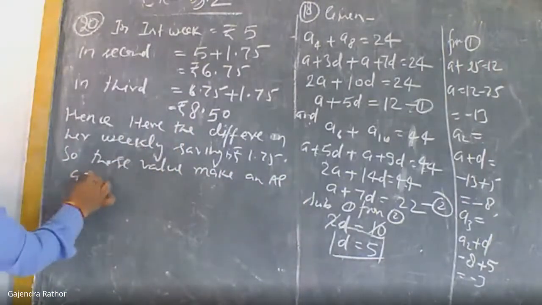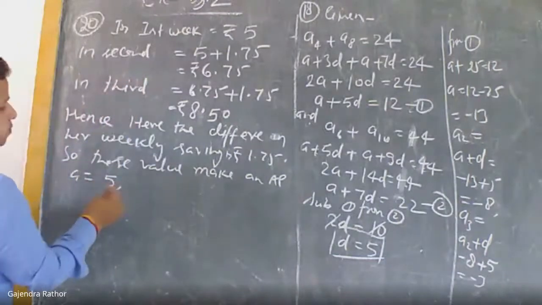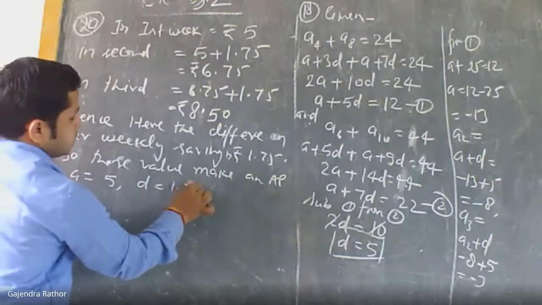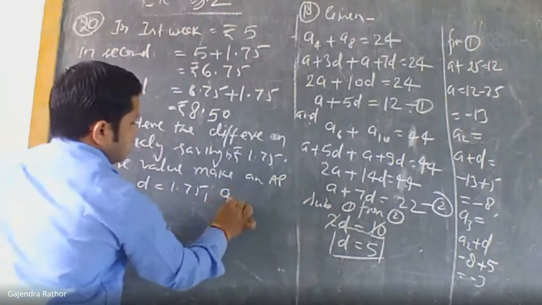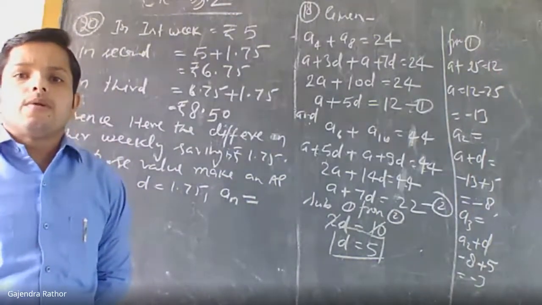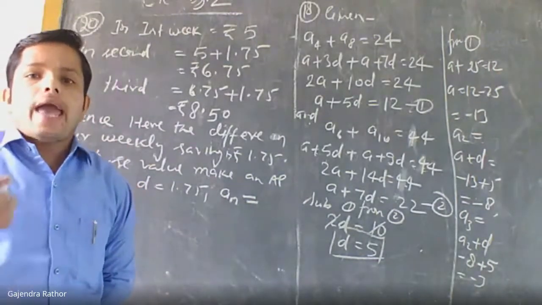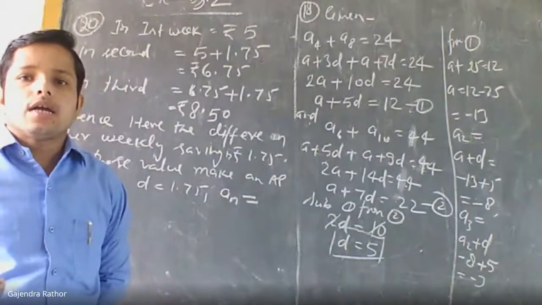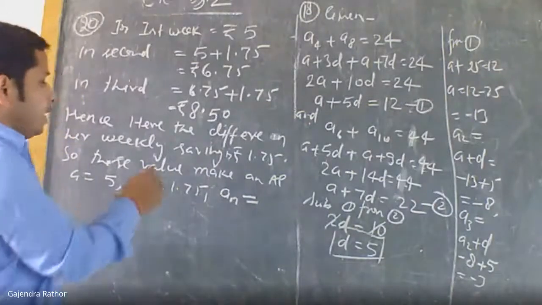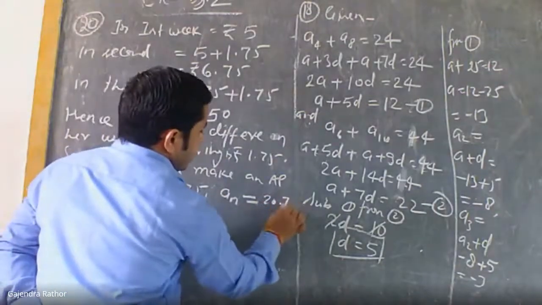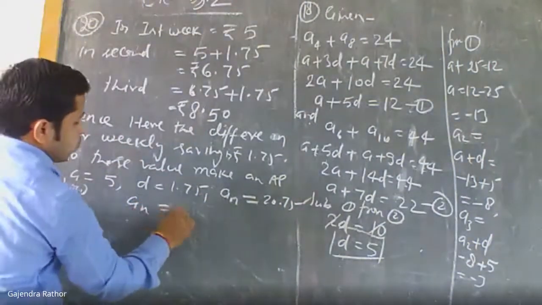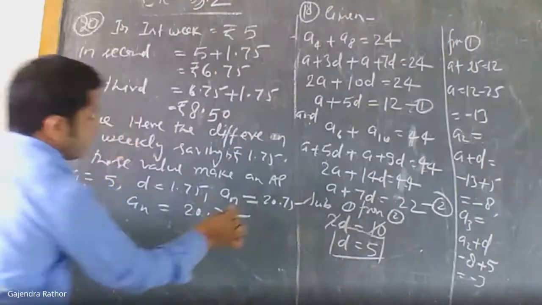Okay, so here what is the first term? 5. What is the common difference? 1.75. And what is the nth term? Where does the nth term come from? The 20.75. We suppose that in the nth week her saving will be 20.75. So An is equal to rupees 20.75.